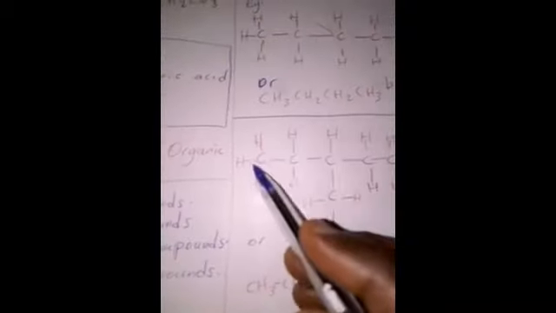And also we can have another one in which we can find one carbon atom being branched, and from the definition it is either a straight chain or a branched chain. So since this one is branched, it also qualifies to be an aliphatic compound, which is one of the classifications of organic compounds.